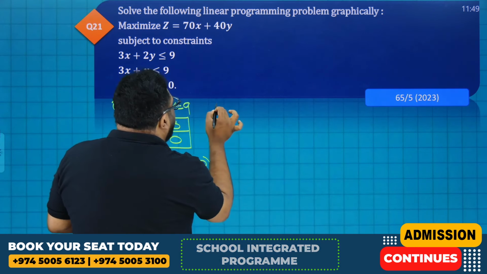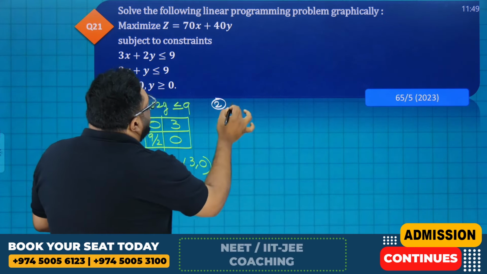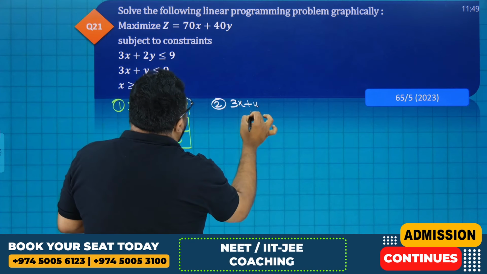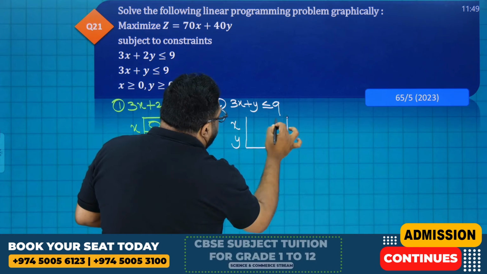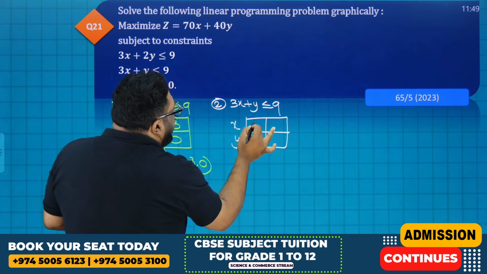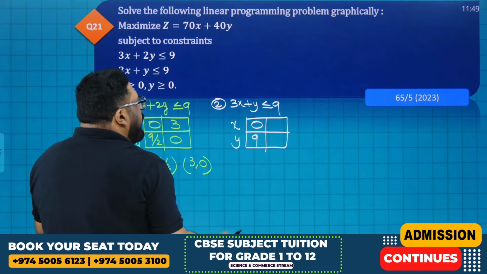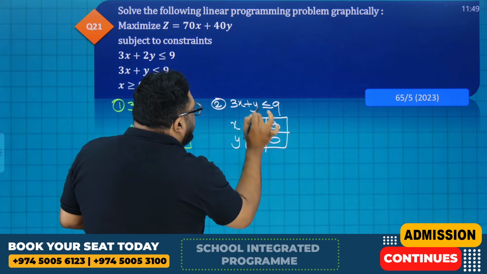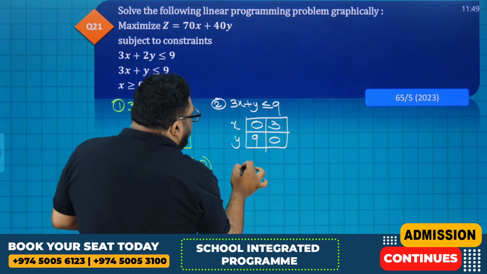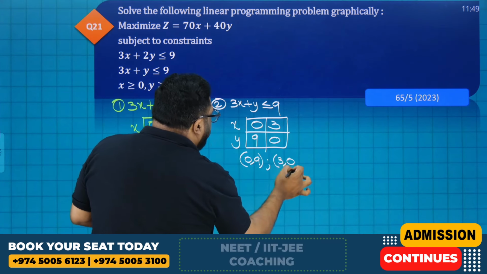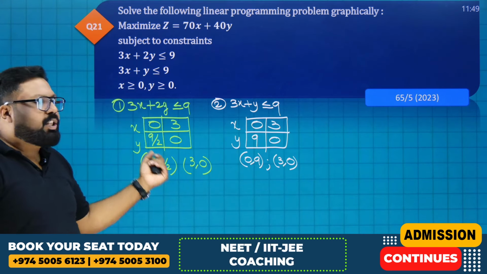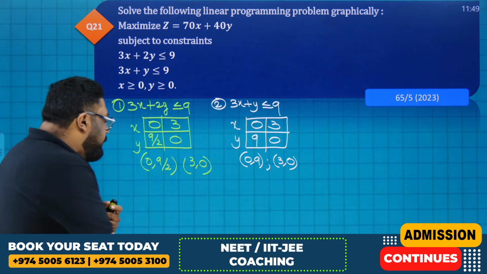Second one, my dears, equation number 2: 3x plus y less than or equal to 9. Points to be plotted: x is equal to 0, y is equal to 9. Y is equal to 0, x is equal to 3. So the corner points are 0, 9 and 3, 0. I got the corner points for equation number 1 and for equation number 2.